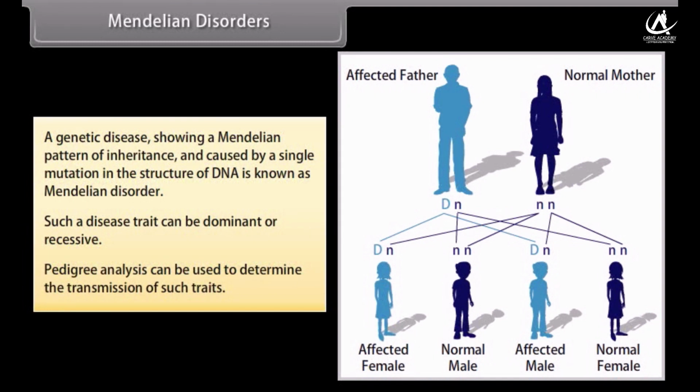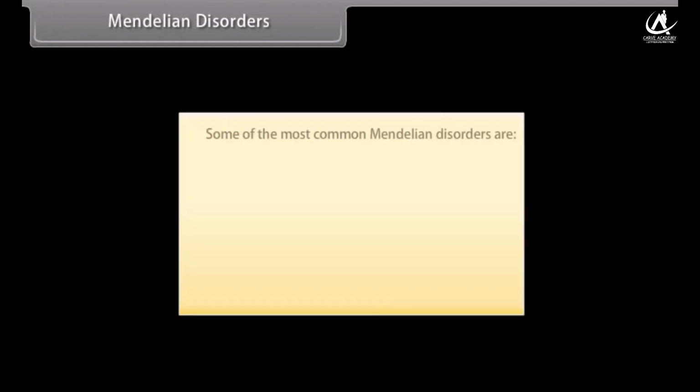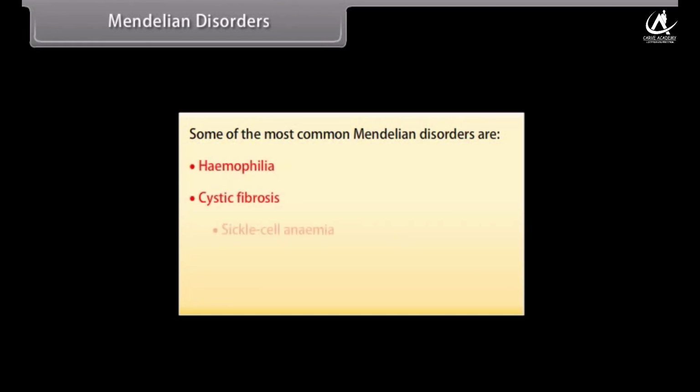Pedigree analysis can be used to determine the transmission of such traits. Some of the most common Mendelian disorders are hemophilia, cystic fibrosis, sickle cell anemia, color blindness, and phenylketonuria.